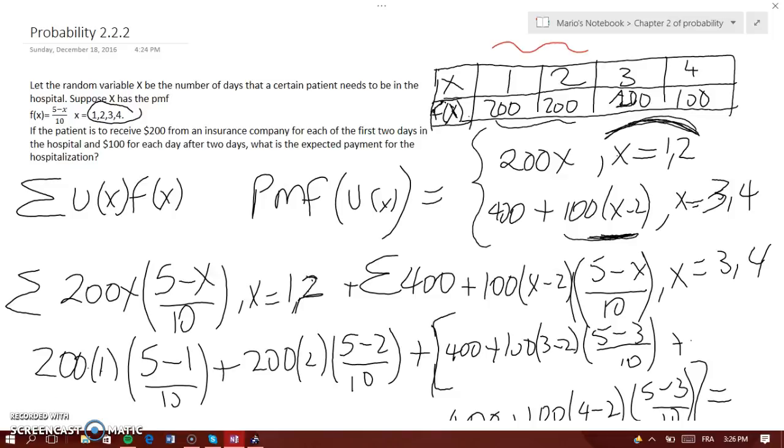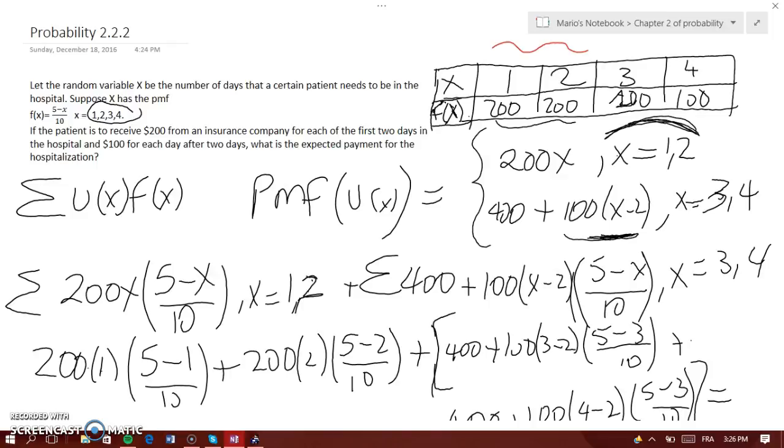But we need to find a general equation to write this table. Because we know in the first 2 days we get $200, we get 200x where x equals 1 and 2.